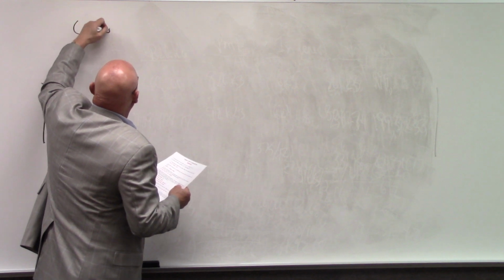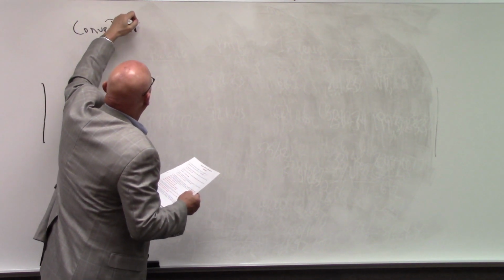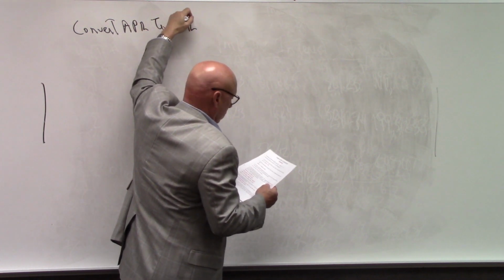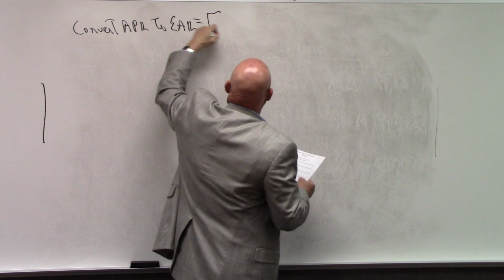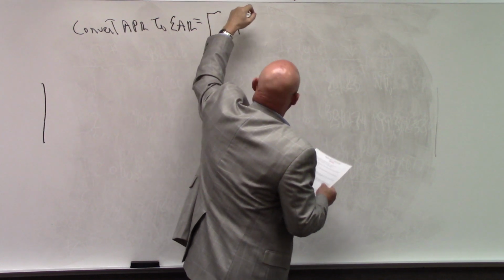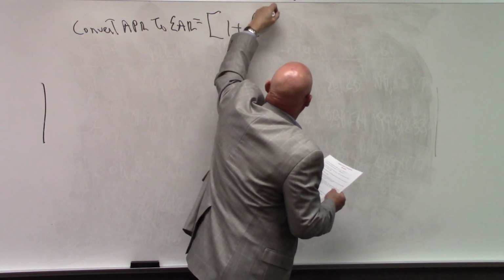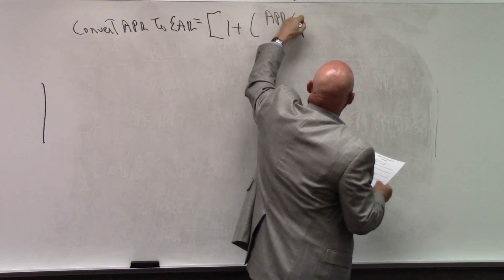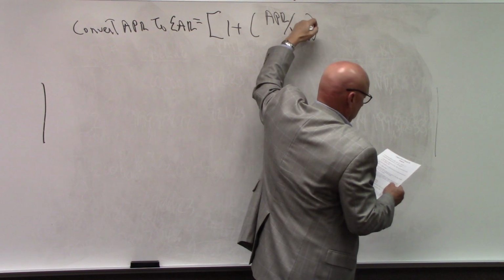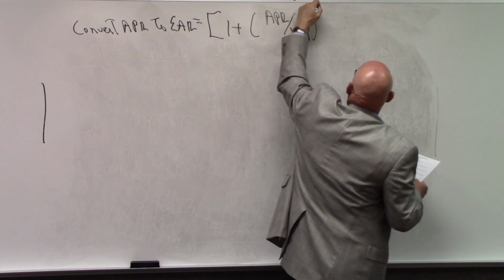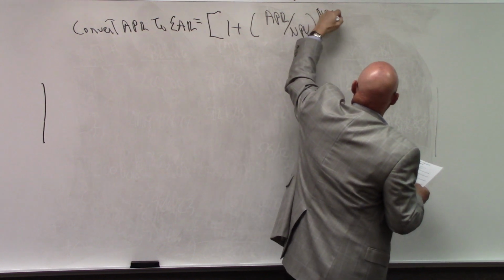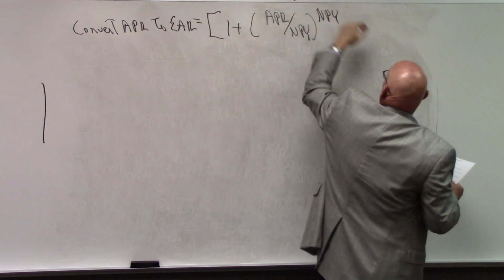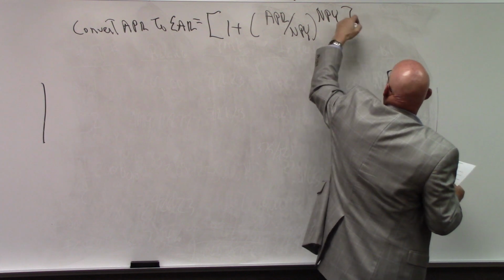Convert an APR to an EAR. To do that, 1 plus the APR divided by the number of periods per year, raised to the number of periods per year, minus 1.